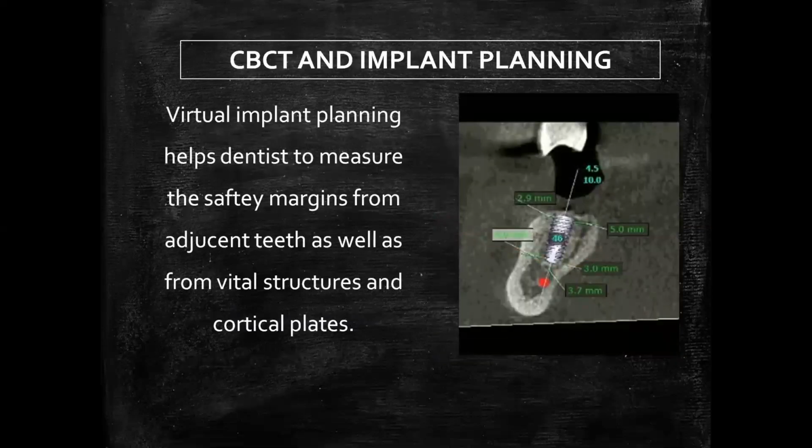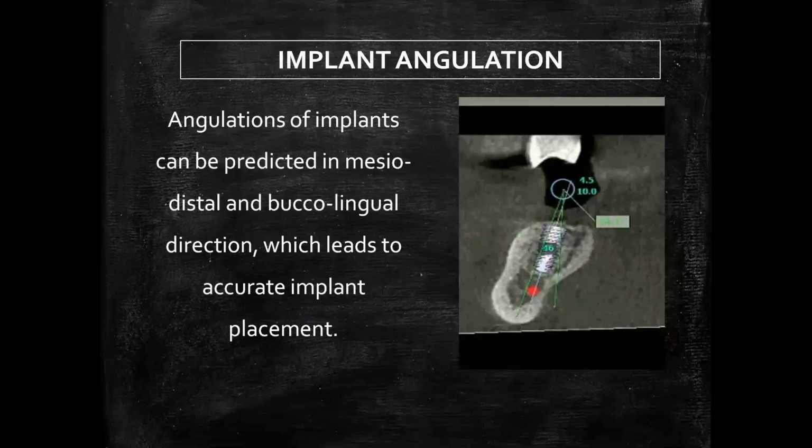You can always go more critical about your implant placement. After virtually placing the implant, you can measure the amount of bone sparing on the buccal and the lingual side. You can always measure the angulation, which will help you determine what kind of prosthesis you will further place.